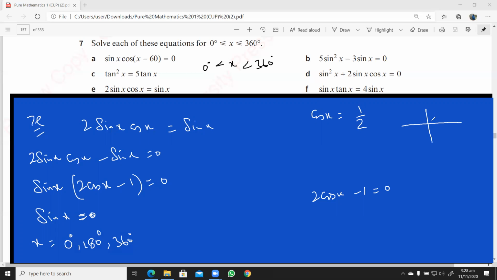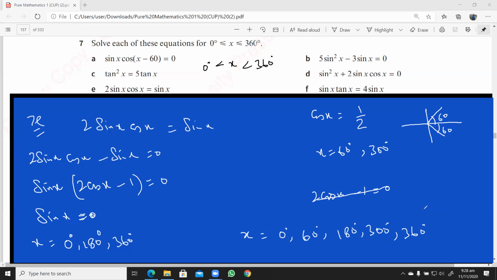So cos is positive in these two quadrants here. This is 60. This is 60. So your x is going to be 60 degrees and 300 degrees. And at the end, you must write all your answers in order. This is 0 degrees, then 60 degrees, then 180 degrees, then 300 degrees, then 360 degrees.